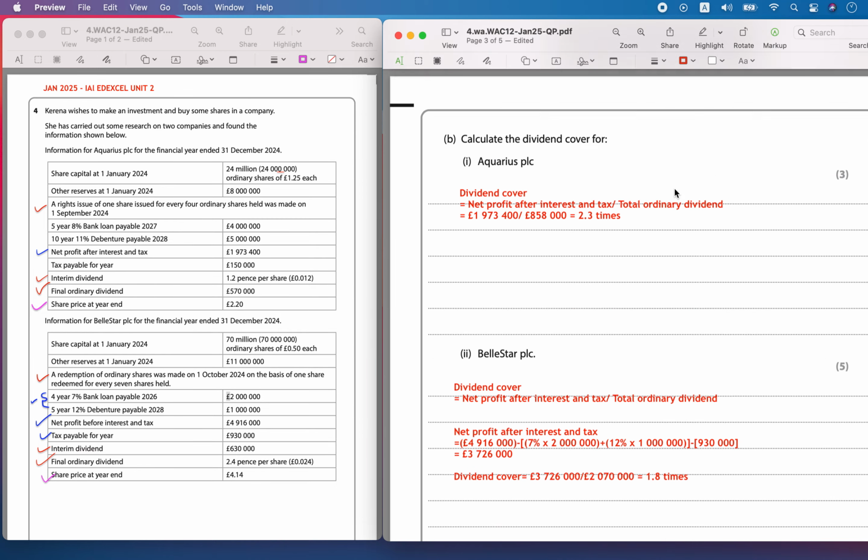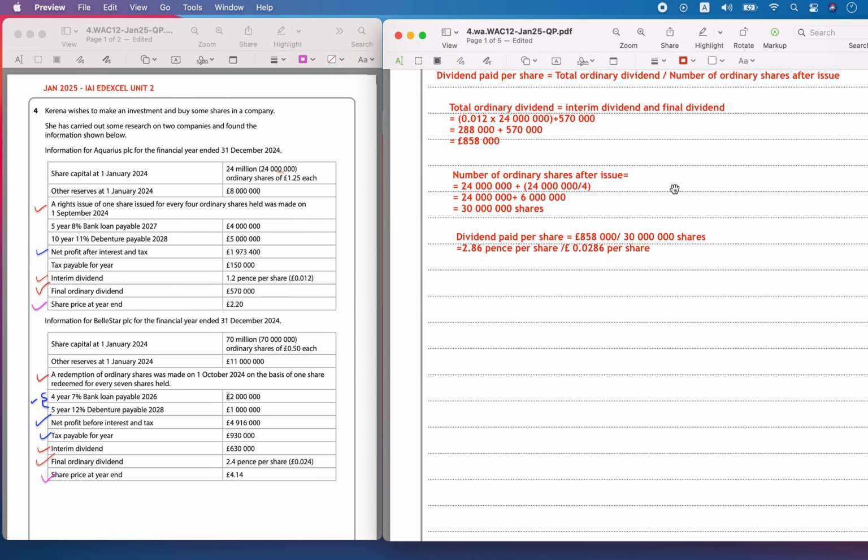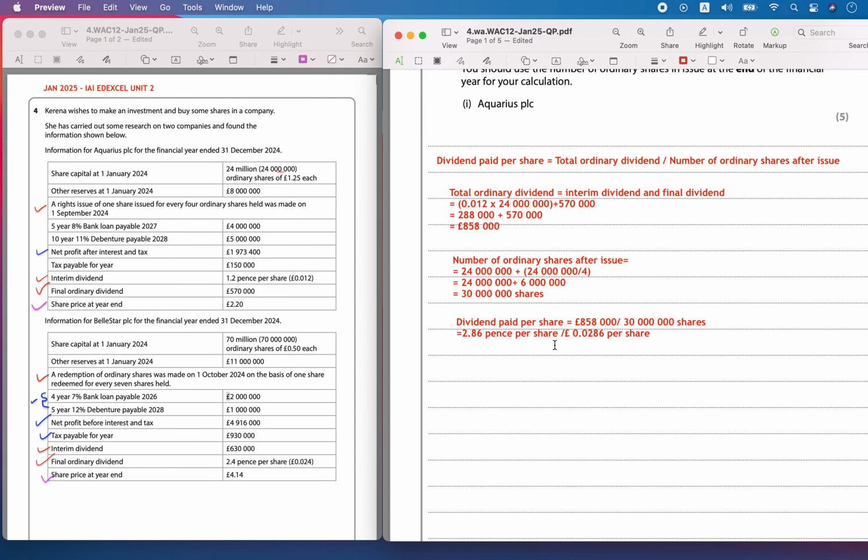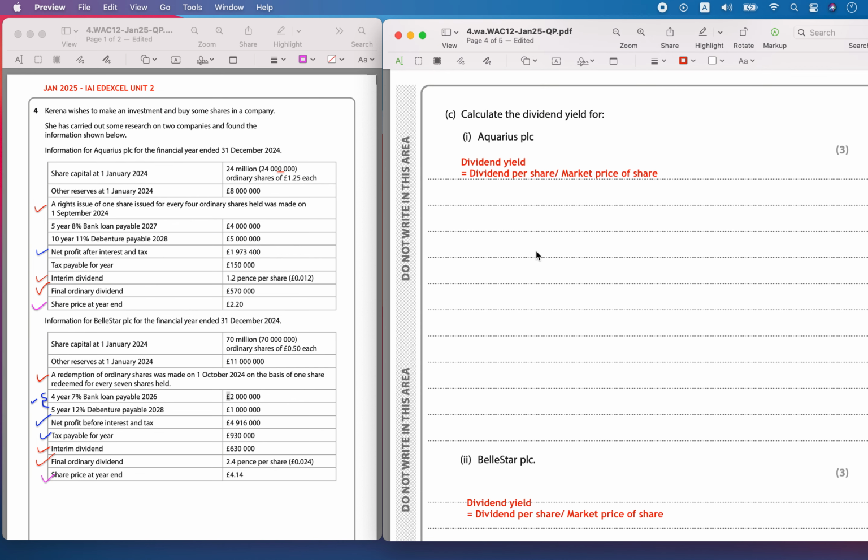The first one is dividend per share that we had calculated for Aquarius PLC in the first portion. The dividend per share was 2.86 pence, so we will take this divided by the market price. The market share price at the end of the year was 2.20 pounds, which is 220 pence per share.